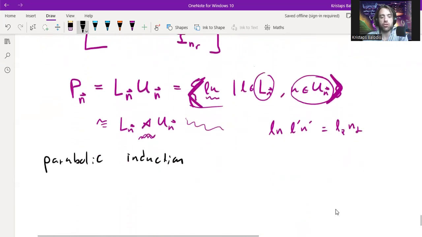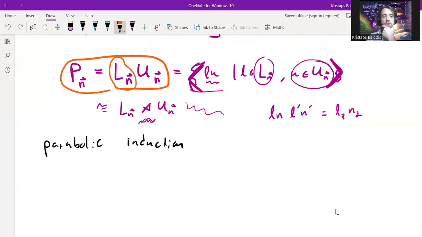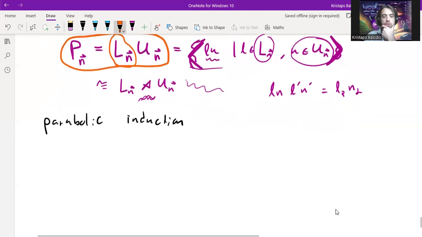But we're going to do this thing called inflation. So before we perform induction, we're going to extend our representation on the Levi to a representation on the entire parabolic.